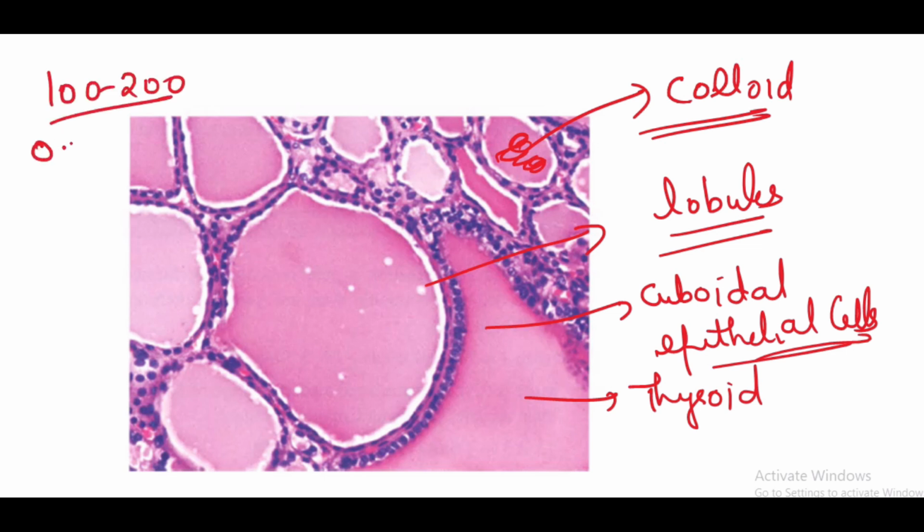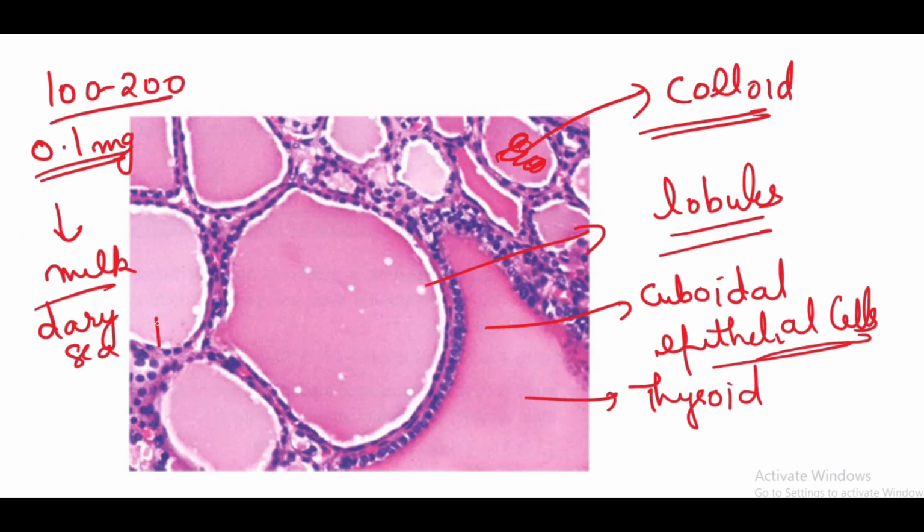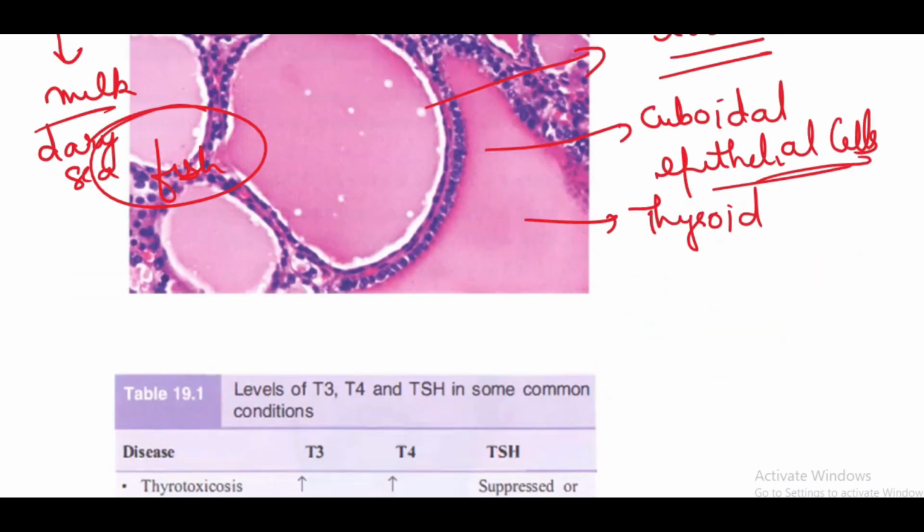Now the human body requires 100 to 200 microgram, that is 0.1 milligram, of iodine per day for optimal thyroid function. What are the sources of iodine? That could be milk, dairy products, seafood, especially fish.